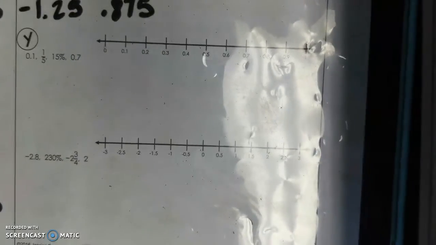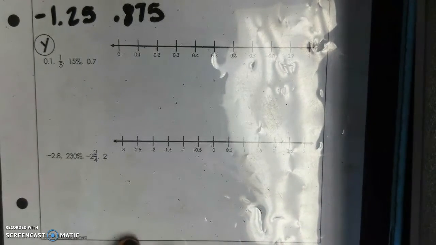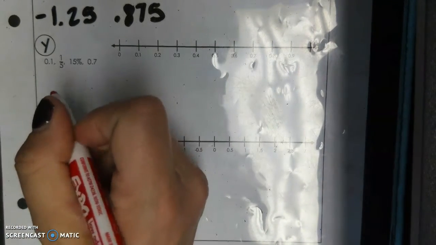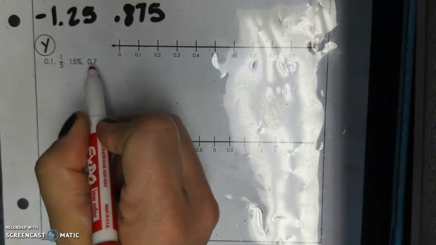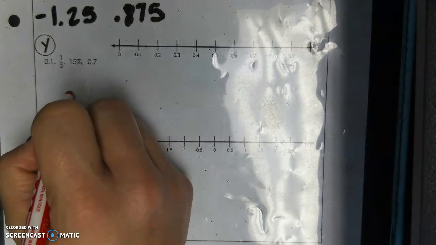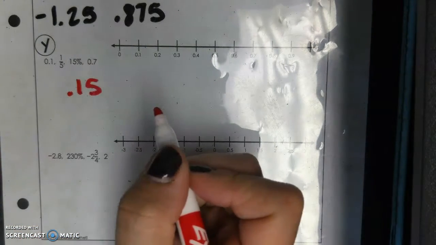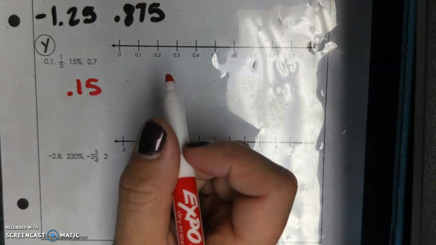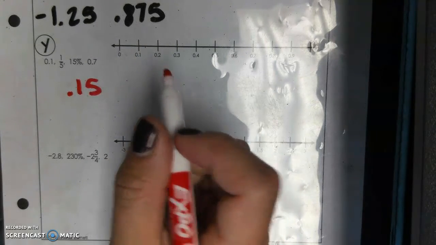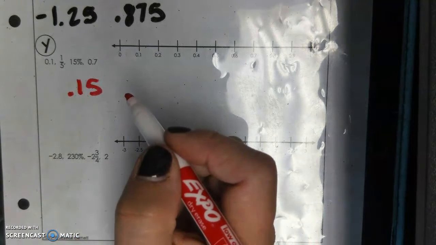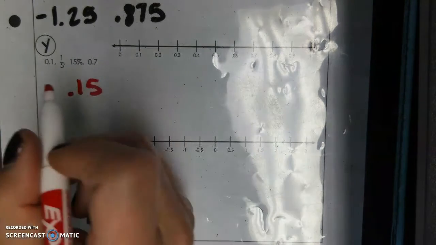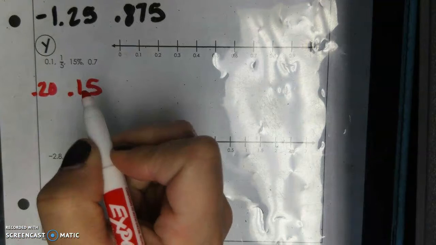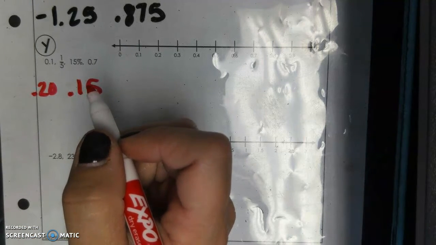Okay. Alright, next problem that we have is 1/10, 1/5, 15%, and 7/10. Decimals, don't need to worry about those. 15%, I divide by 100 to give me 15/100. And then 1/5, I divide 1 divided by 5, or I think about this as a percentage. 1/5 of a whole is 20%, so I'm going to write that as 0.20. Okay?